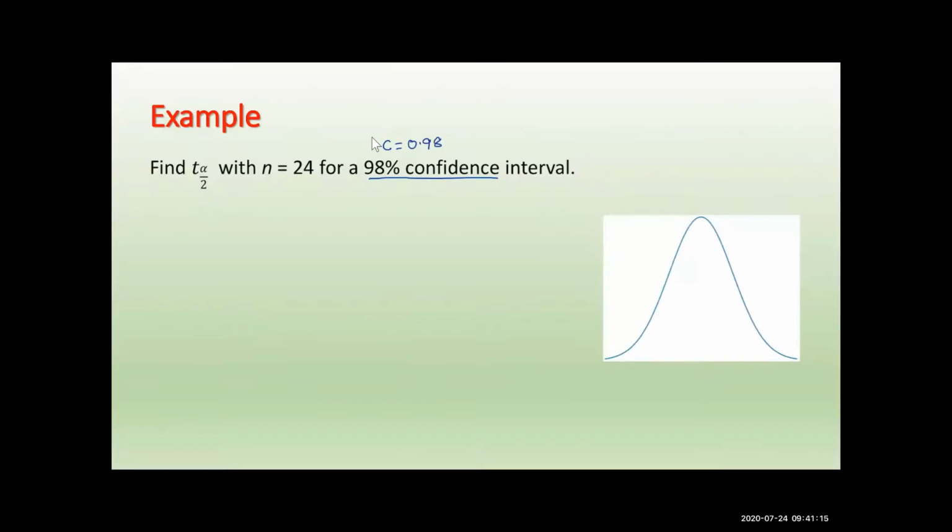And because we are talking about T alpha over 2, along the x-axis, you have the T value. This is different from Z distribution or standard normal distribution. This is a T distribution. You can write and label on that graph T distribution.